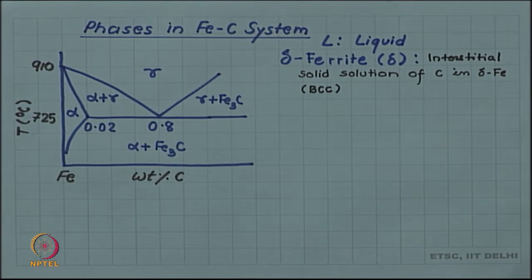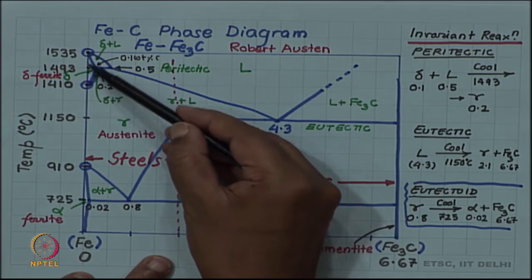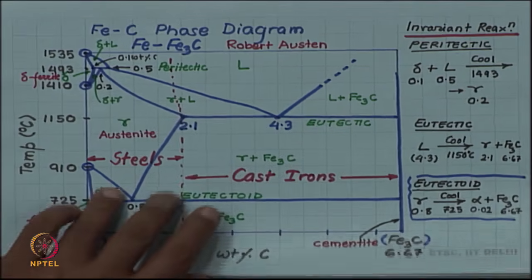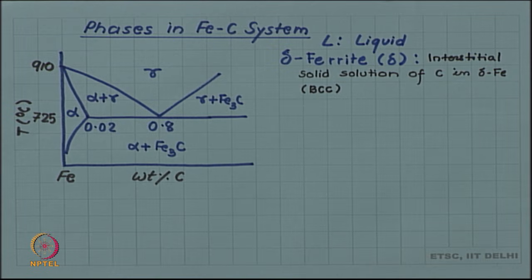You remember the phase diagram. So, delta was in this region. So, it was a high temperature form and it was BCC. So, that is delta ferrite, and it can have some carbon. So, that carbon goes into the interstitial solid solution.